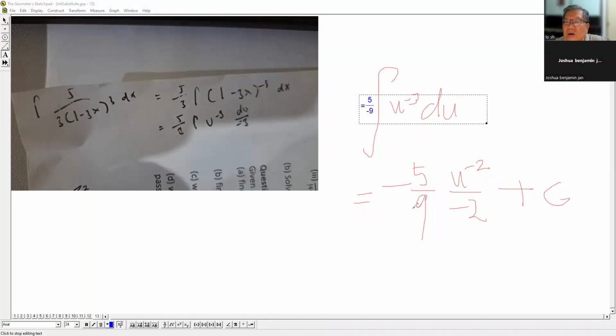So this thing all multiply. Negative becomes positive, right? Then the 5 is at the top, 9 times 2 is at the bottom. Then u to the power of -2 plus c.